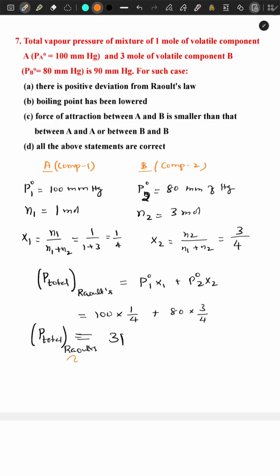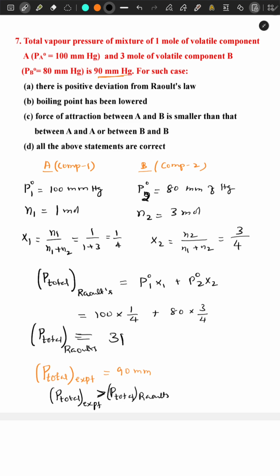But you remember the experimental value, that means the vapor pressure of the same mixture experimentally observed. They have given how much? It is 90 millimeter of mercury, correct? So compare these two values. The conclusion you can make here is that the vapor pressure calculated by Raoult's law, that is P total of the mixture, is lesser than the experimental vapor pressure of that mixture.